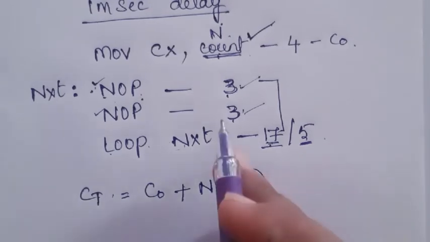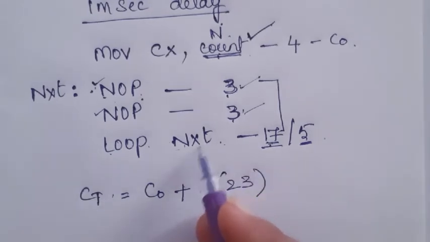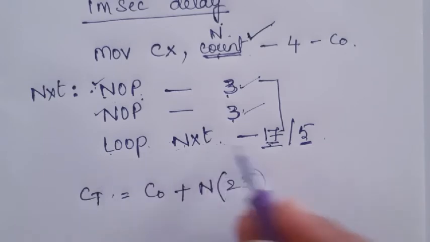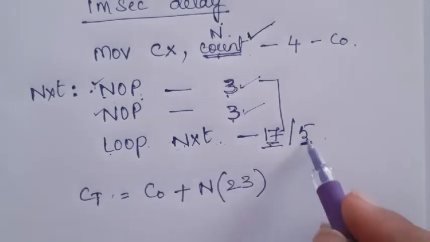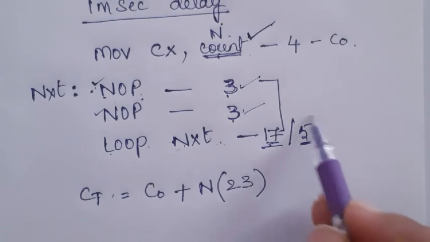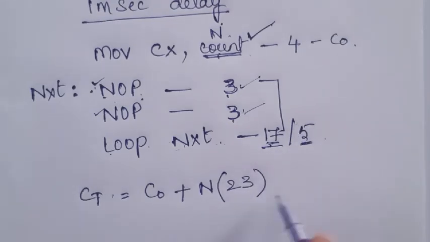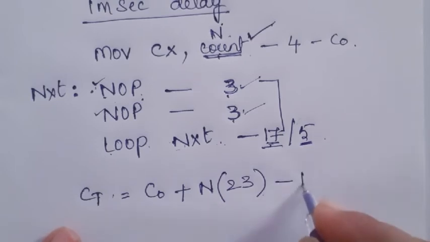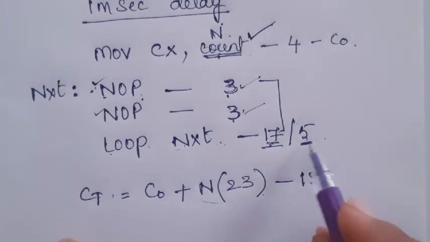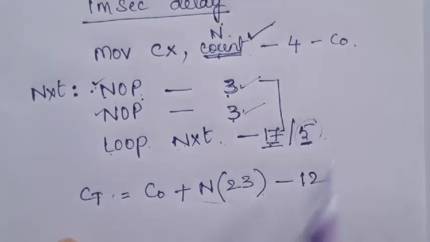Okay, 23, but at the end, when count is equal to 0, it takes only 5 clock cycles. So for accurate results, you can calculate with this: you subtract 12 from the total clock cycles, because at the end only 5 clock cycles it will take. 17 minus 5 is 12.